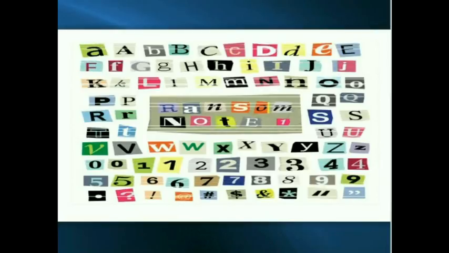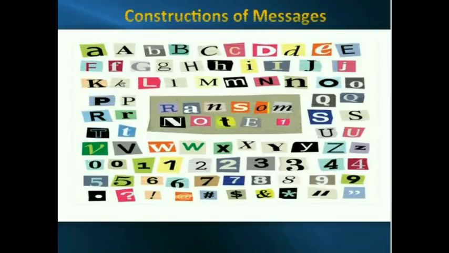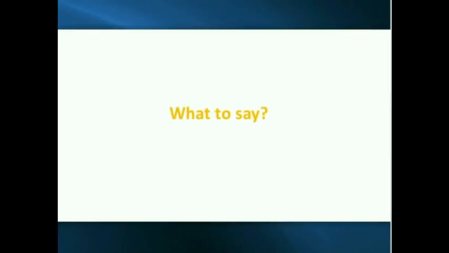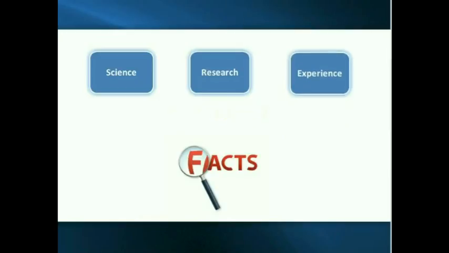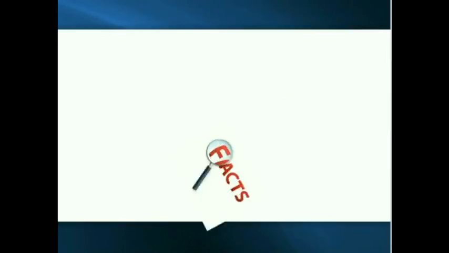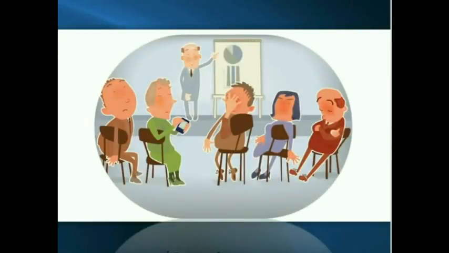In the next few slides, I want to talk about how a message could be constructed. In much risk communication, we do know what to say. Based on science and research and experience, we generally know what facts to communicate. But facts by themselves are boring for many people.